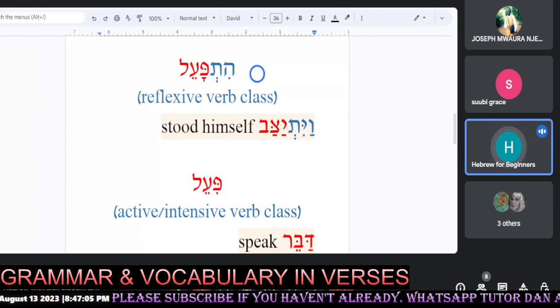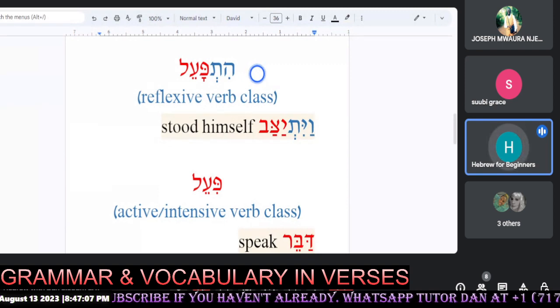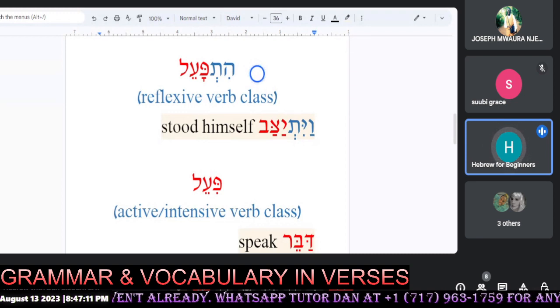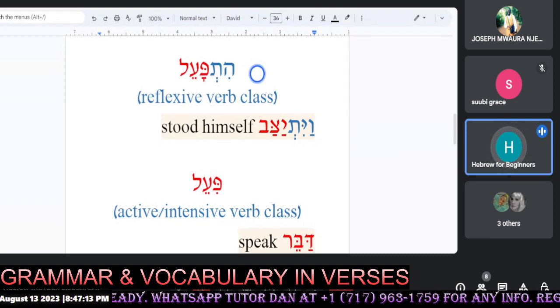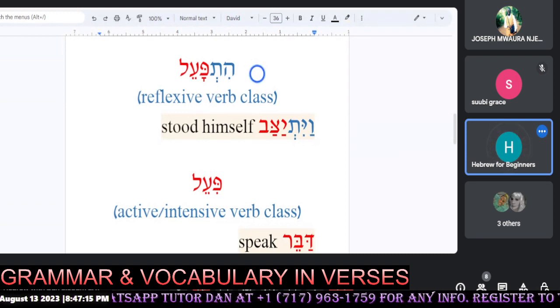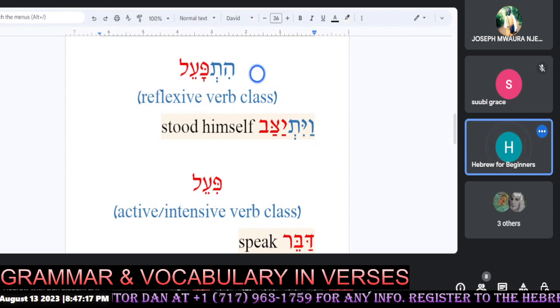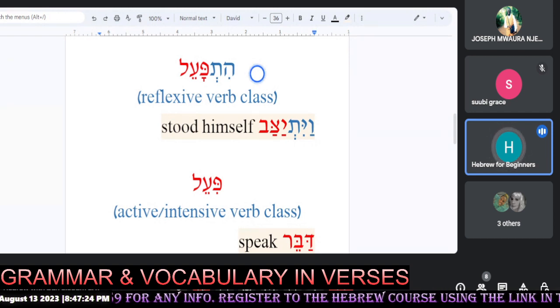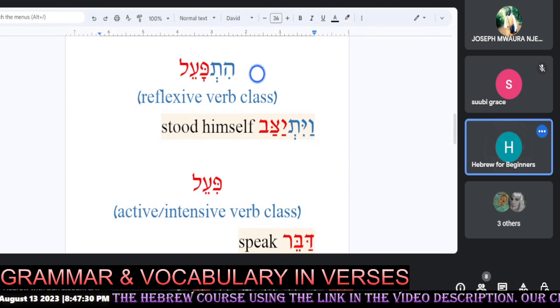Reflexive means something that's being done to myself, being done to yourself. So I wash myself. I slap myself. I stand myself up. I don't just stand up, but I stand myself up. It's a reflexive condition.